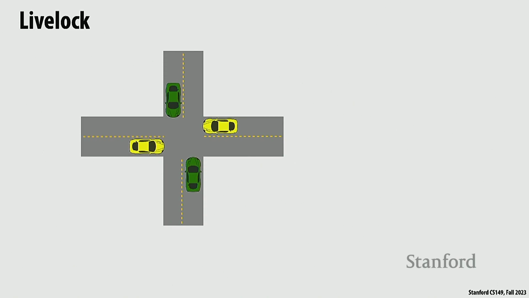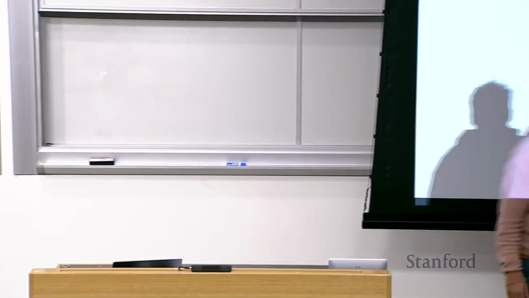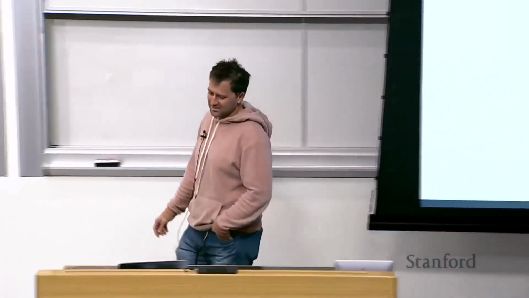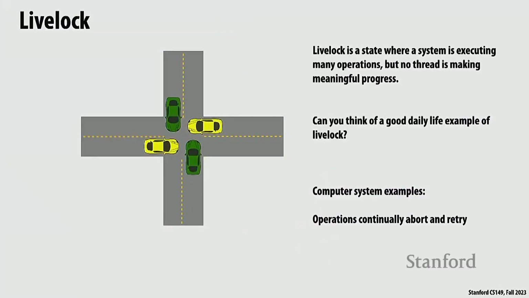What happens all the time when you walk up to a door and somebody else is like, oh, you go, you go. That's the most common social Livelock that definitely happens. Or where you're walking and both of you walk in the same direction and then you both walk the other direction to let somebody go by. Those are all examples of real life Livelock. So Livelock is a state where we are actually doing stuff, but nothing is all that interesting.